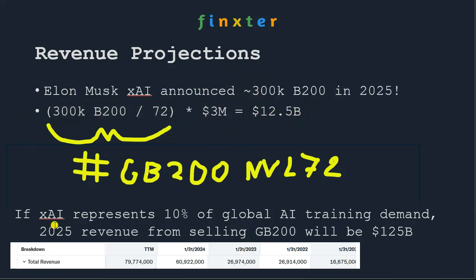And let's be very, very pessimistic for Nvidia and assume that xAI represents 10% of the global AI training demand this year, fiscal year 2025 for Nvidia.